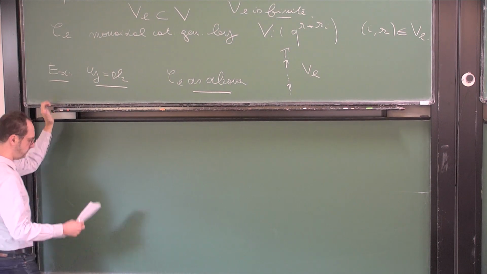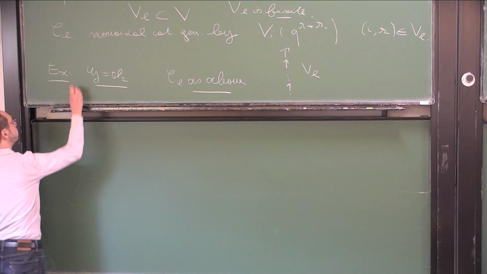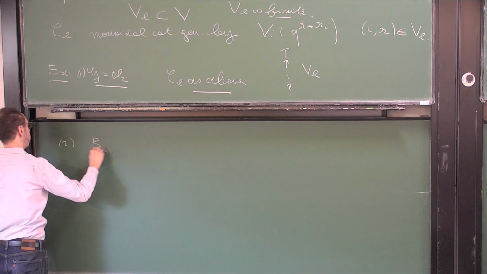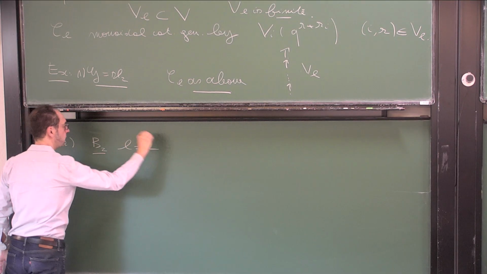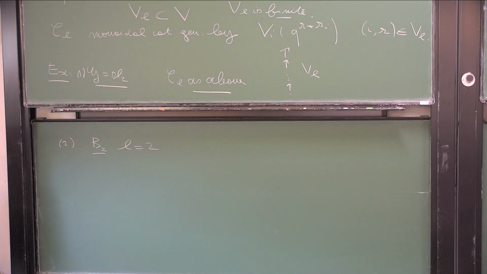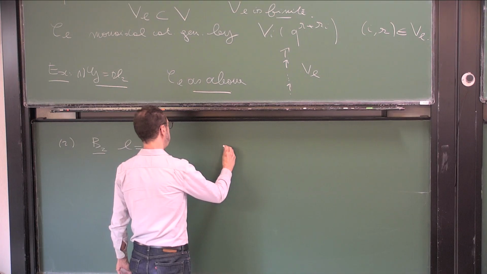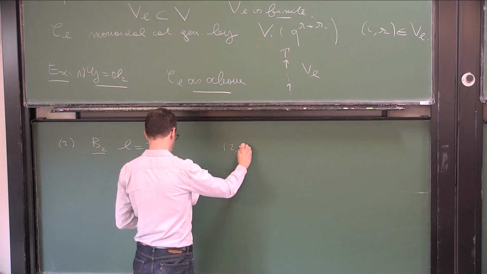And then maybe I can give an example for B2, L equal 2 and B2. So in this case we have a finite quiver of this form.